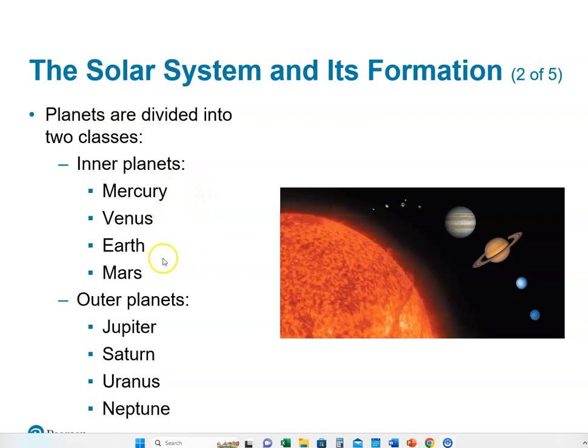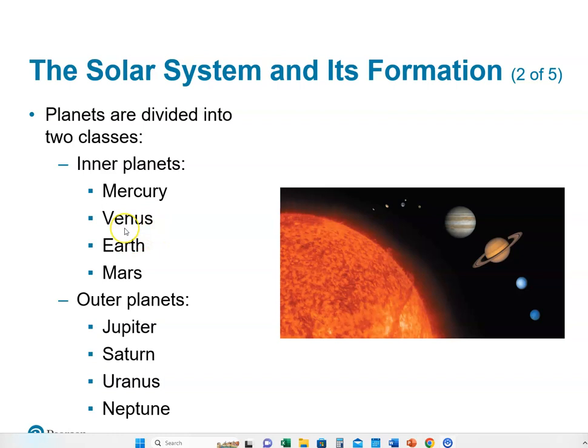This is the order of the planets, of course, you probably learned this at some point. The closest one, of course, is Mercury, and it travels the fastest. And then comes Venus, which, by the way, is very much a twin of the Earth.